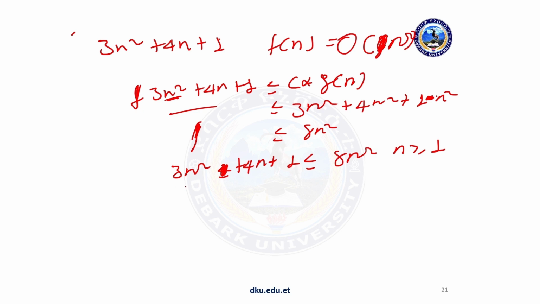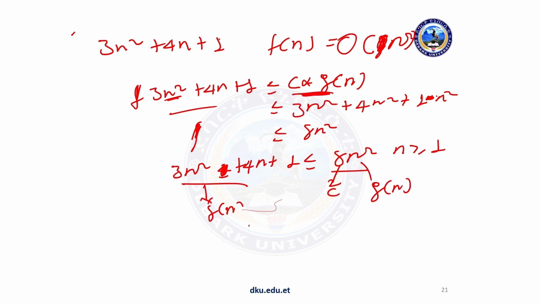So we can check by replacing the value of n here with more than 1 value. So this one is the f of n, and this 8 is c, right? And this one is g of n, by using this formula.